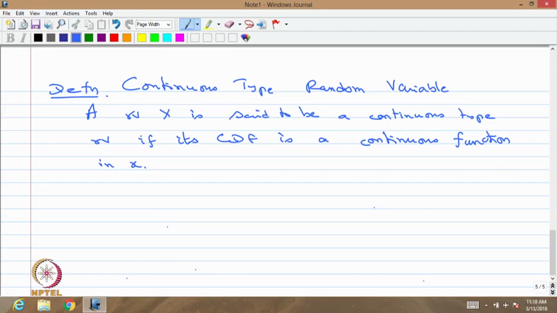That means whenever the CDF of a random variable is a continuous function in x in the whole range from minus infinity to plus infinity, that means there is no discontinuity in the CDF of the random variable, then you can conclude it is a continuous type.